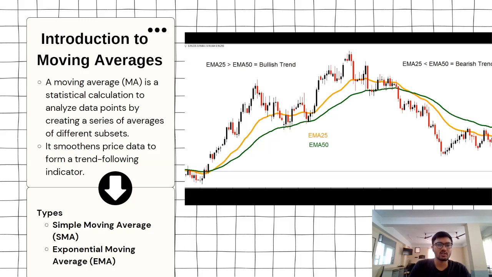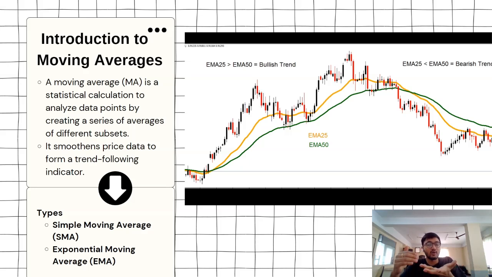If a stock is going below the 200 EMA or 100 EMA, so the past 100 candles, the past 100 days, and today's price is less than that, you can interpret that the stock was going up for the last 100 days, and today it is not even able to sustain the 100 days' average.